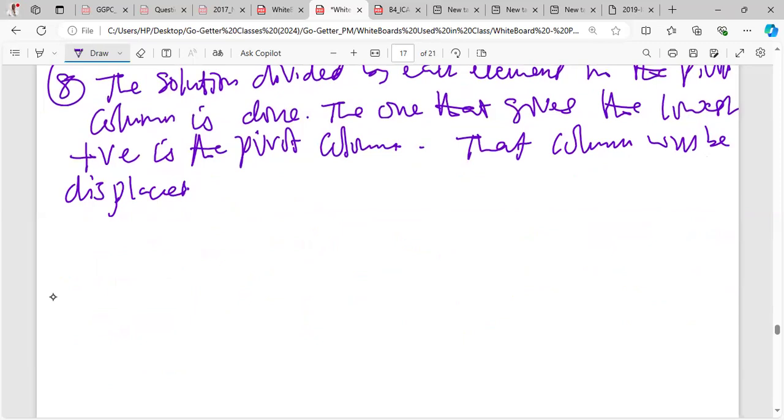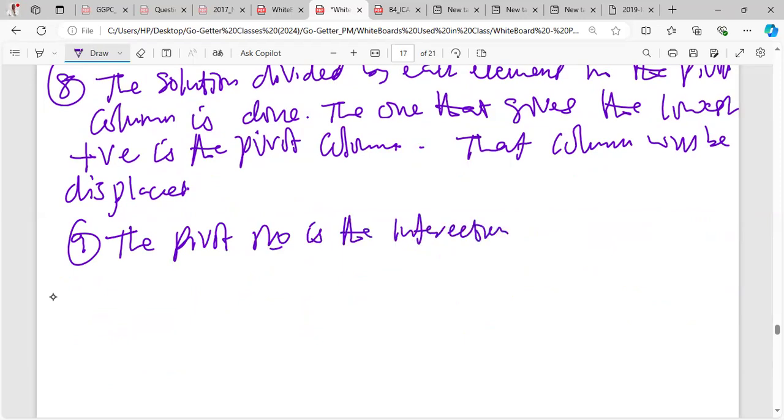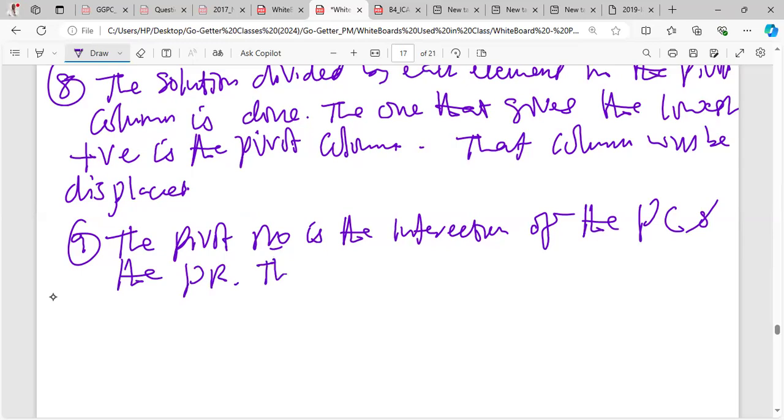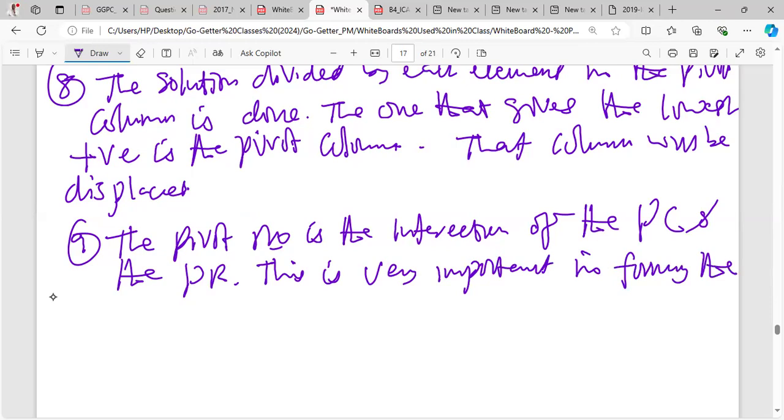Number 9, the pivot number is the intersection of the pivot column and the pivot row. This is very important in forming the new table.